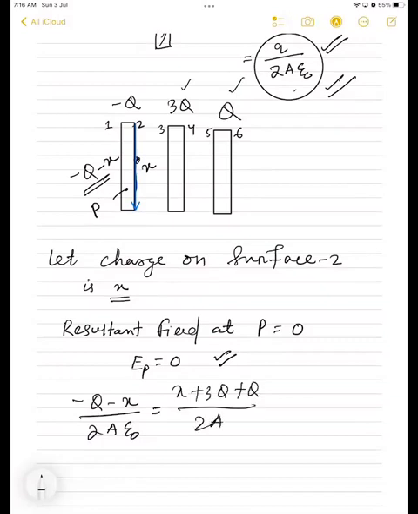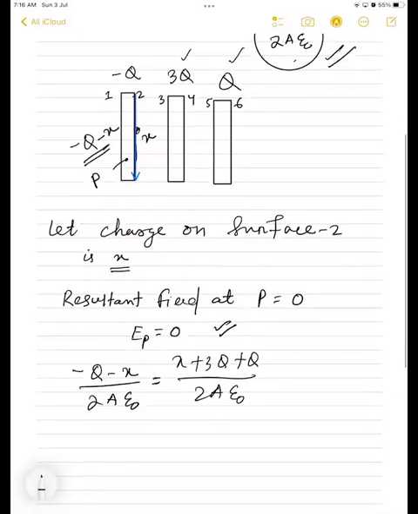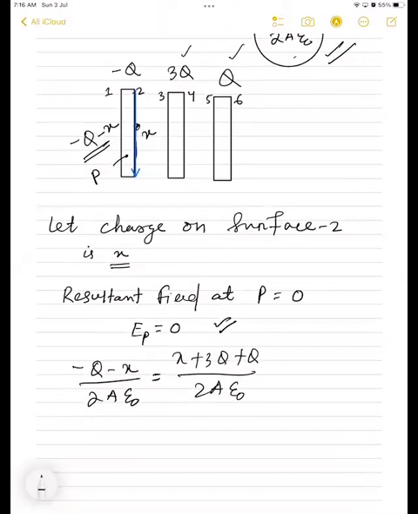Are you getting, students? Due to this own plate, that is minus Q minus X, and due to the others also, it has to be the same, so that the net will be cancelled out. 3Q and Q. The 2 epsilon naught A cancels out.